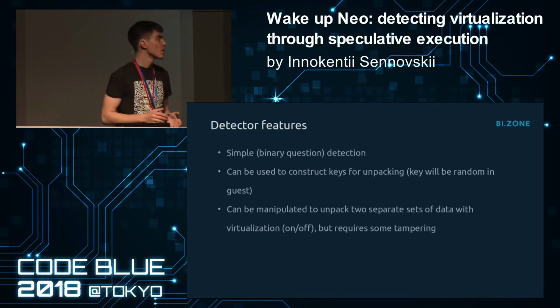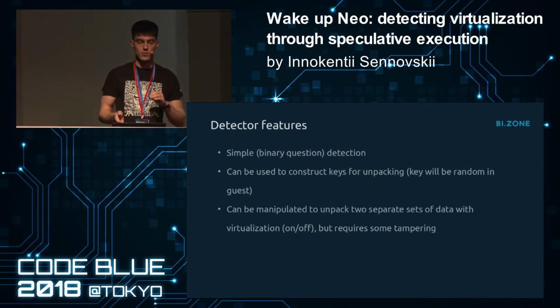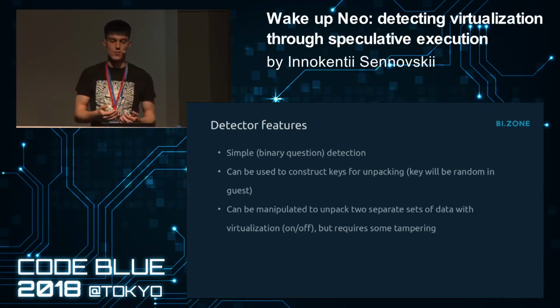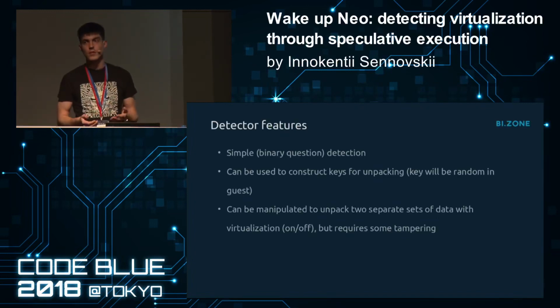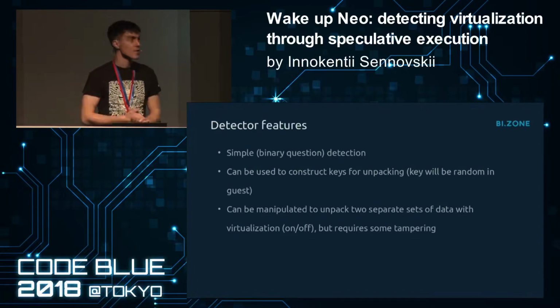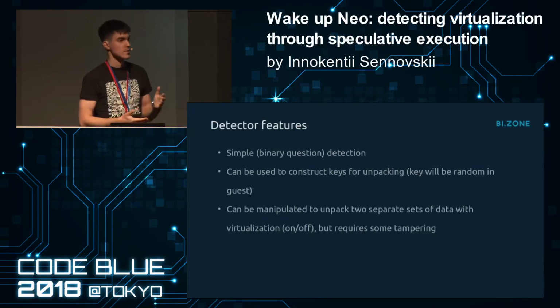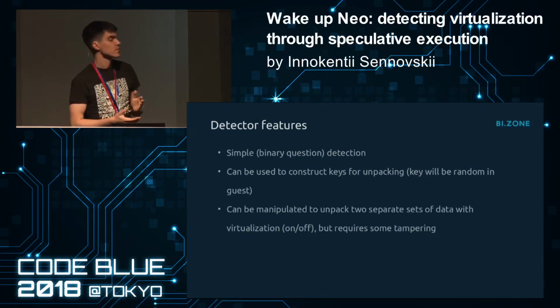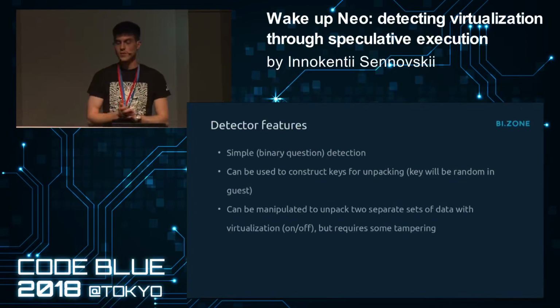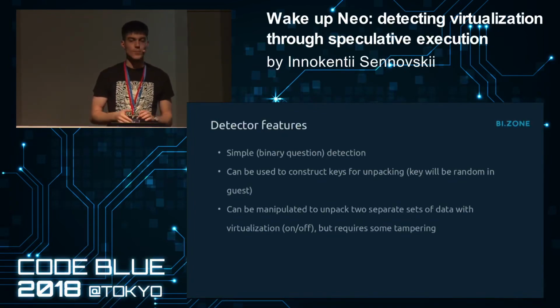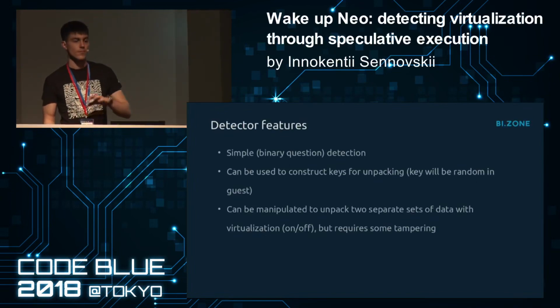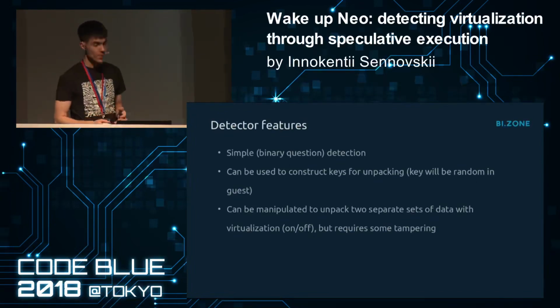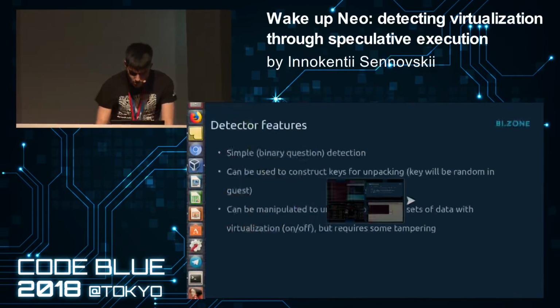He would just flip the switch, flip the jump or the result of the test, and would still get an unpacked solution. For example, if there is a packed malware binary which uses this to detect virtualization. The problem with speculative execution based hypervisor detection is that it's the first of its kind which can actually compute some data based on the fact whether there is virtualization or not.